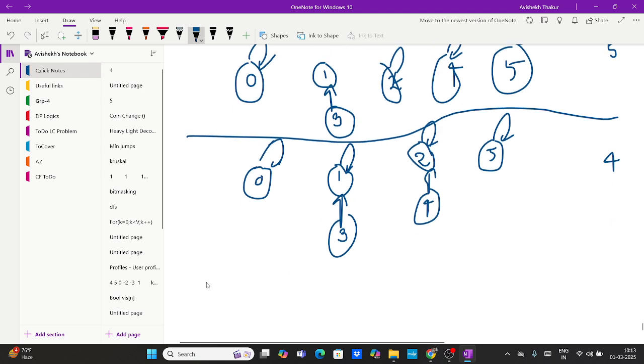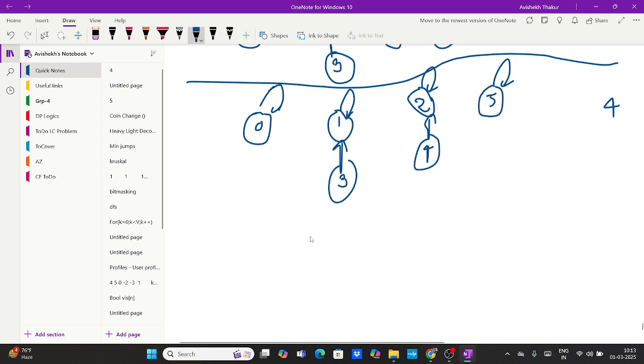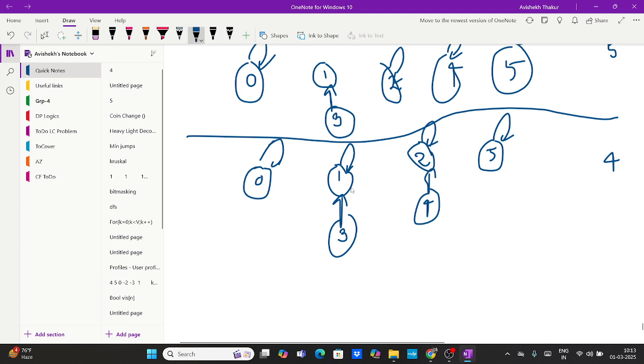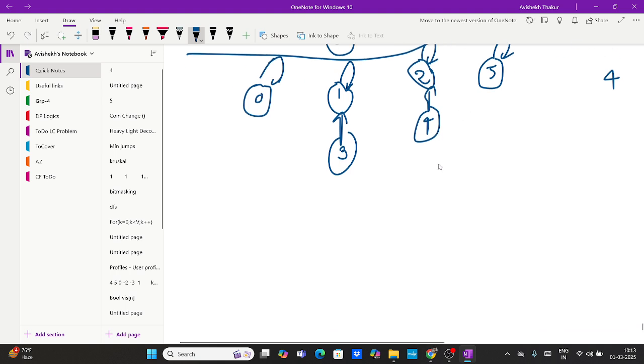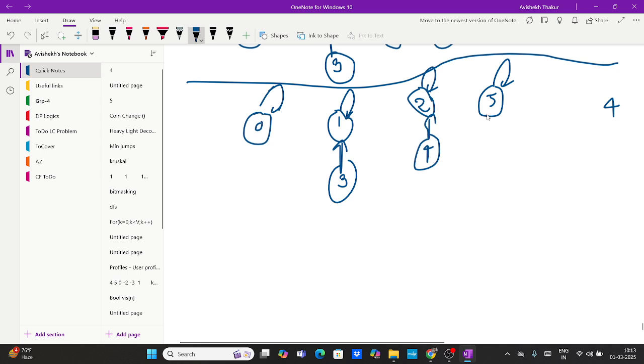Now let's say again some random query comes in and they ask you to connect maybe 1 and 4, or let's say 4 and 5. Let's start with 4 and 5 first. When it comes to 4 and 5, you shouldn't connect 4 with 5 directly.